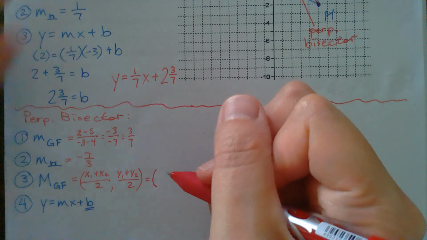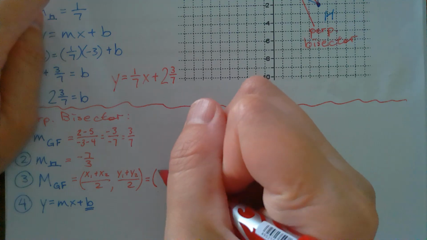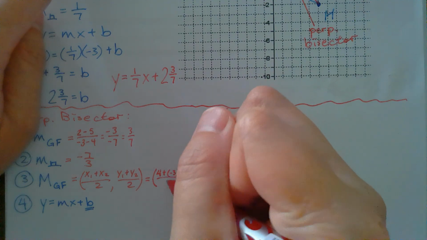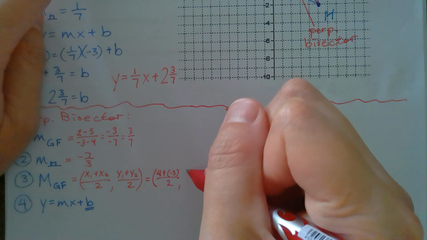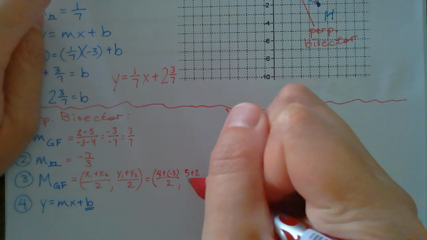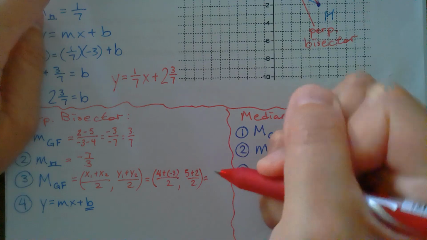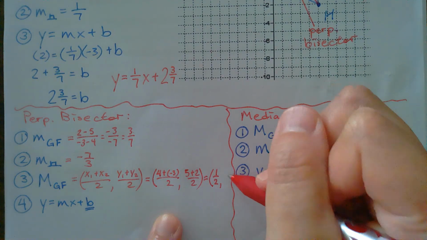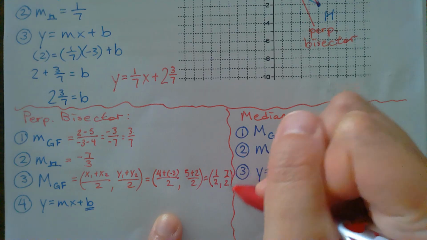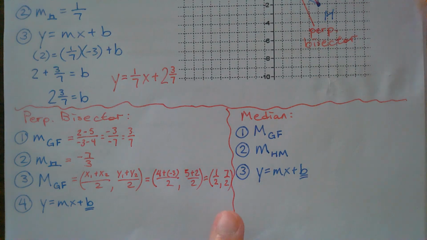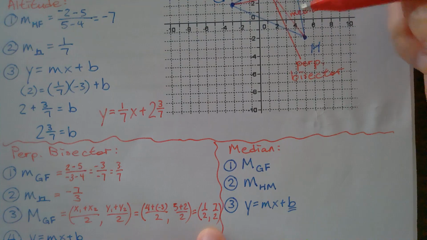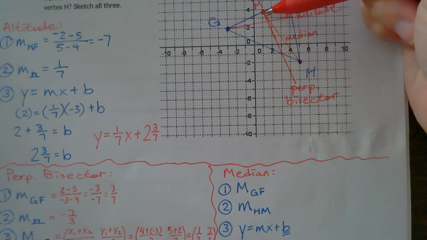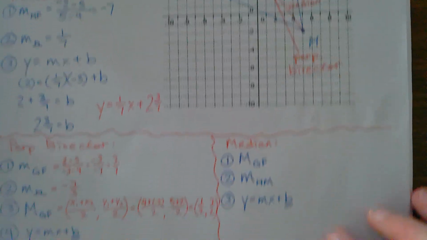So between G and F, 4 plus negative 3 over 2, and then 5 plus 2 over 2. So your midpoint is at 1/2 and 7 over 2. If you look at your diagram, 0.5 and 3.5, does it look right? Yeah, okay, roughly about there.